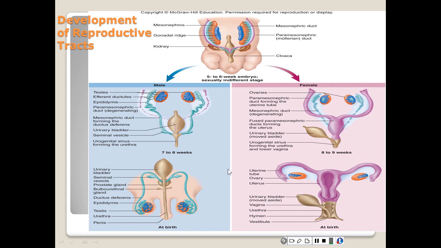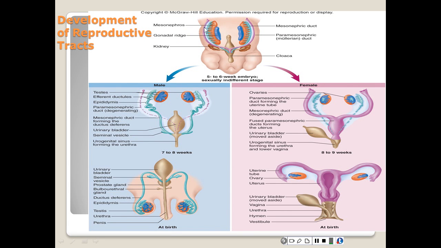So here's the development of these various structures that we were referring to. In this diagram, this is 5 to 6 weeks of an embryo. You cannot determine if you're going to have a male or female at this point.